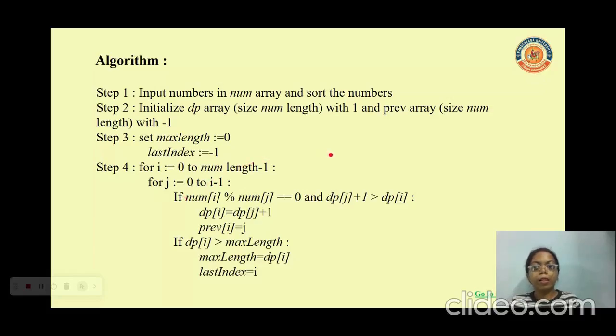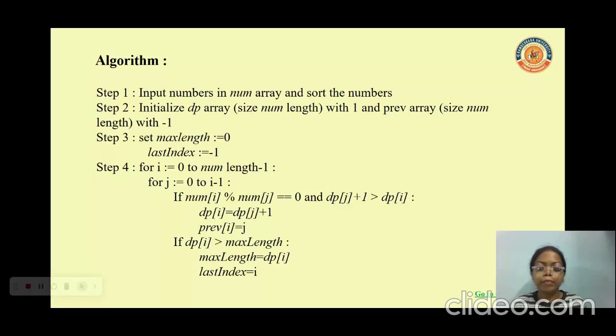Another major and important difference between these two algorithms is, we need to first sort these numbers before applying all these steps. Why is it necessary? Because when we have a set of random numbers, we can't be sure which number is smaller and which number is bigger.